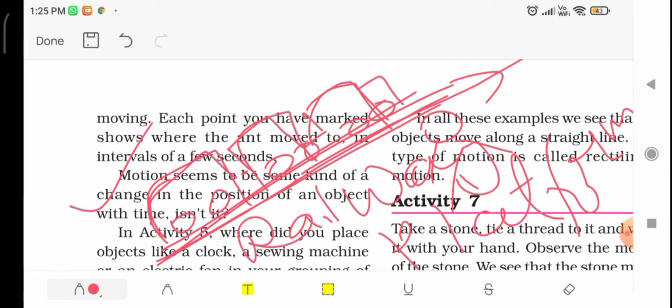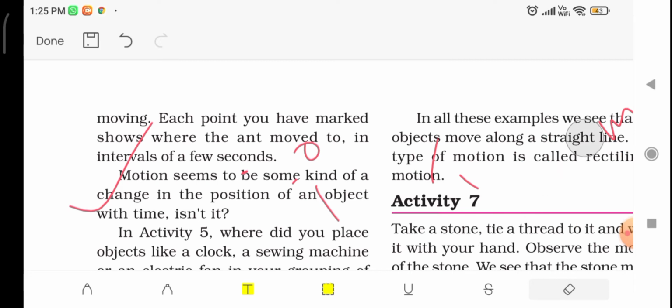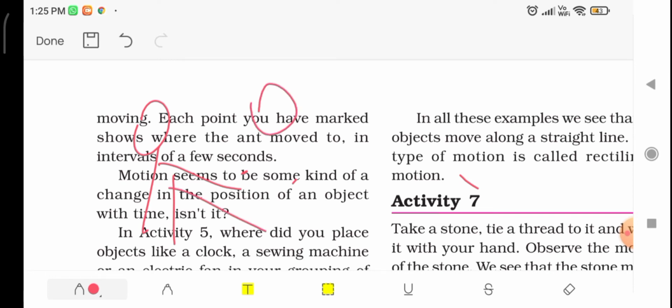This kind of motion is a straight line motion. What do we call this kind of motion? Rectilinear motion, when any object moves in a straight line. Some students, on your Republic Day and Independence Day, do march past.